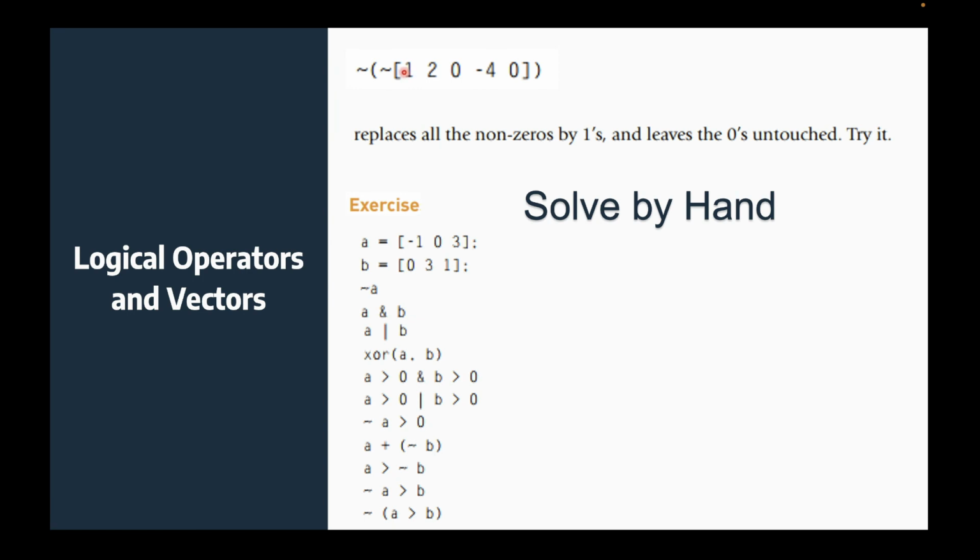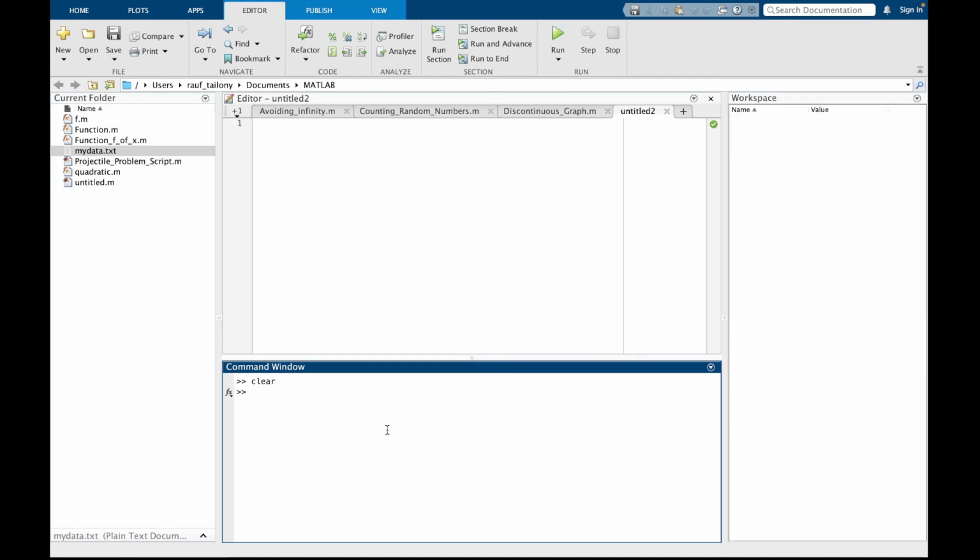So when you have an array 1, 2, 0, -4, and 0, and you say not, you're going to change all the 1s into 0s and all the 0s into 1s. Try not of whatever is inside parentheses, not 1, 2, 0, -4, 0. First, I want to show 1, 2, 0, -4, 0 without the not.